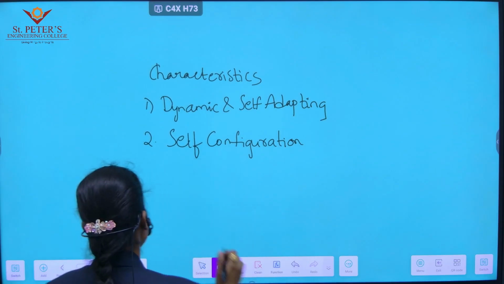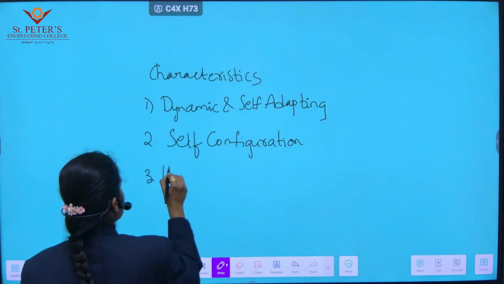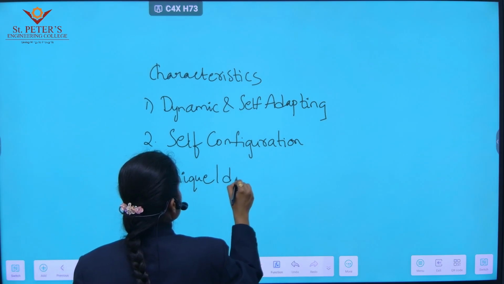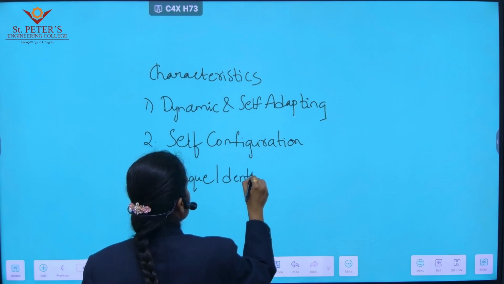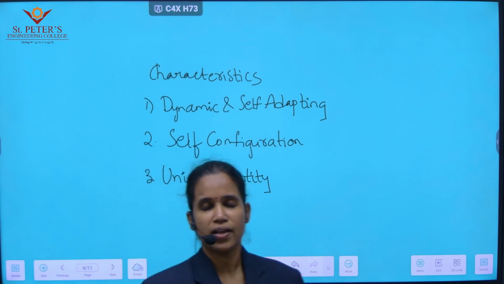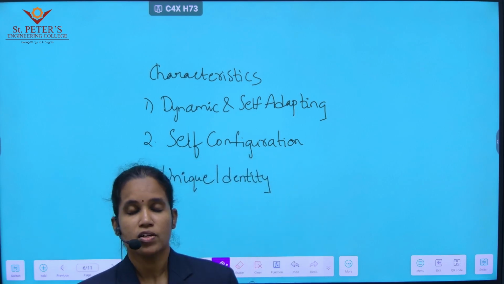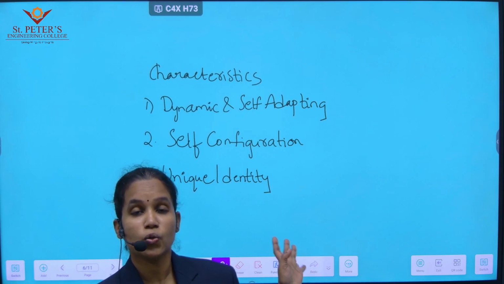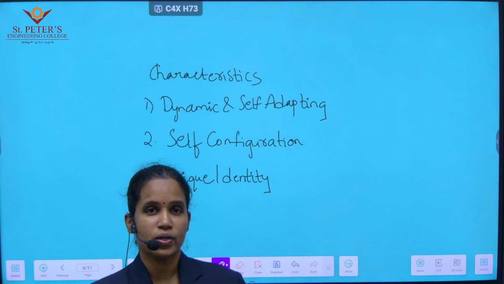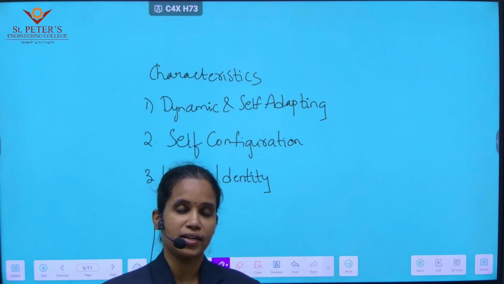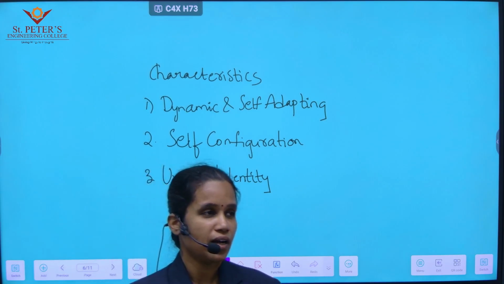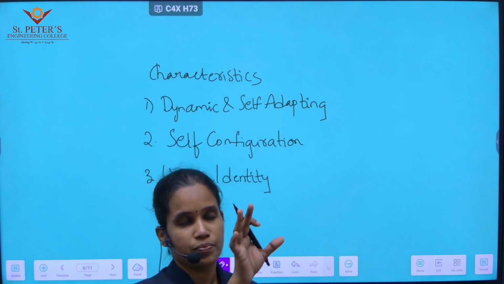So coming to the third one, unique identity. Like every PC has a MAC address, every IoT device has a unique identity address. This address will make the IoT device join the network by itself. Suppose in my home I have newly installed some smart device.